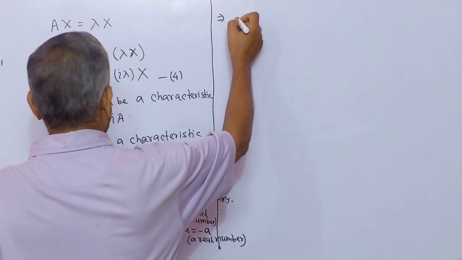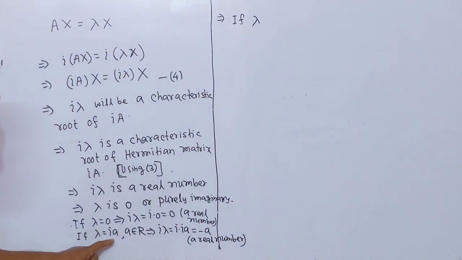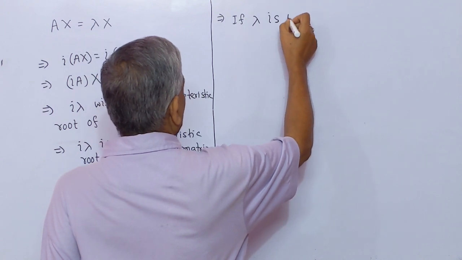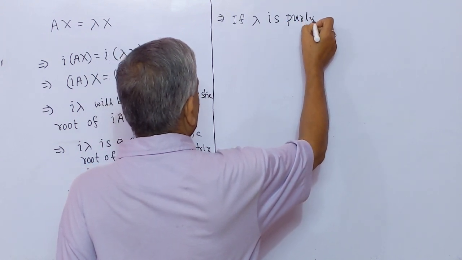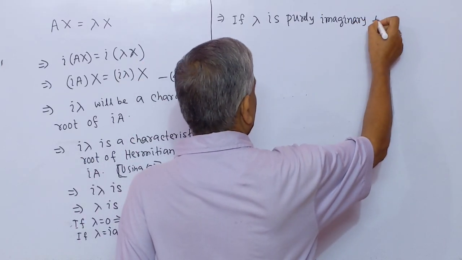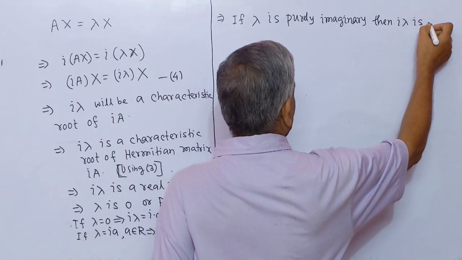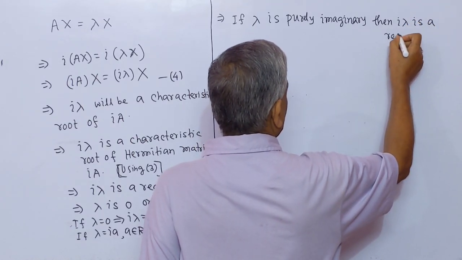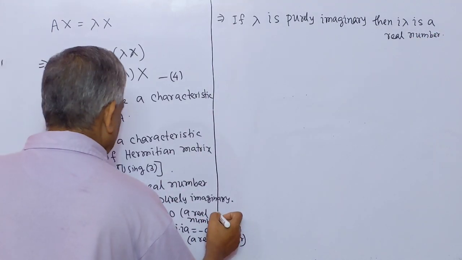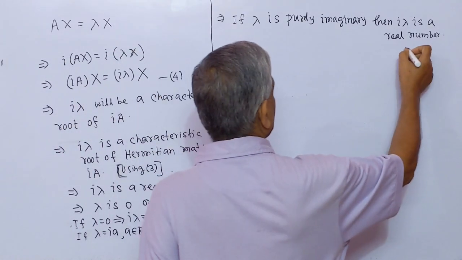This implies that if lambda = ia, that is purely imaginary, then i lambda is real. Let this be number 5 and this be number 6.